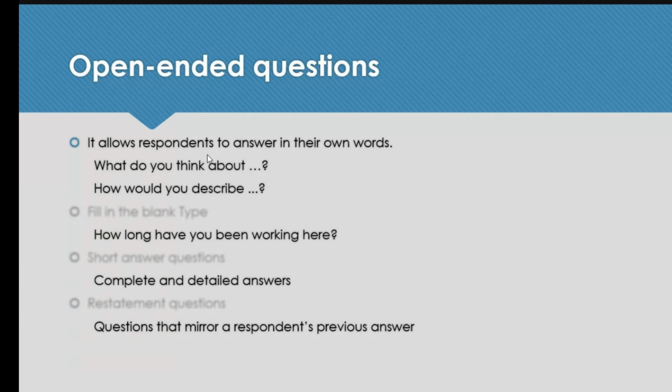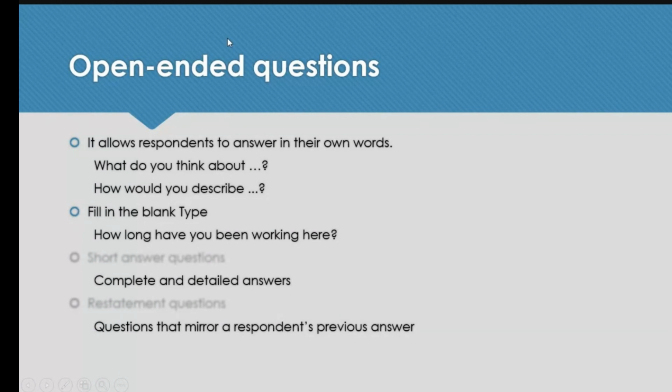These are some of the open-ended questions. Here it demands the respondent's own ideas in their own words. Like, what is the name? Here you can't say yes or no. That's why they are called open-ended questions.